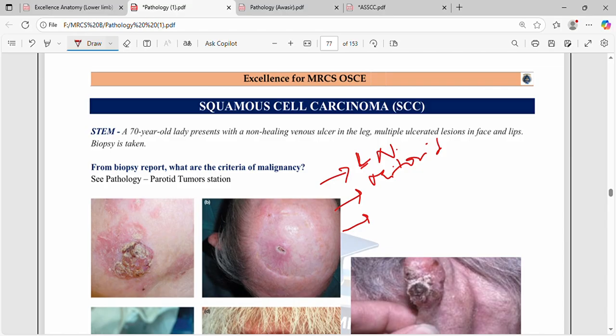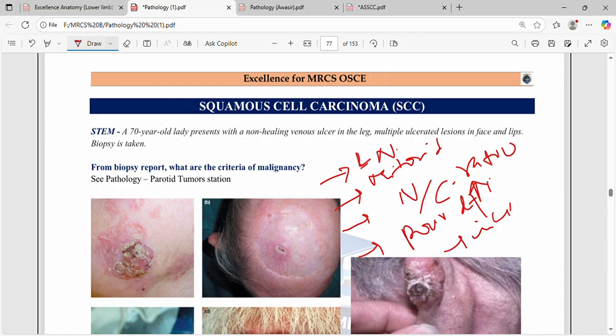Then you see the nucleus-cytoplasm ratio, the NC ratio, which will be raised in malignancy. Also poor differentiation, invasion of surrounding structures, and more chromatin that is more basophilic. So these are some criteria of malignancy.